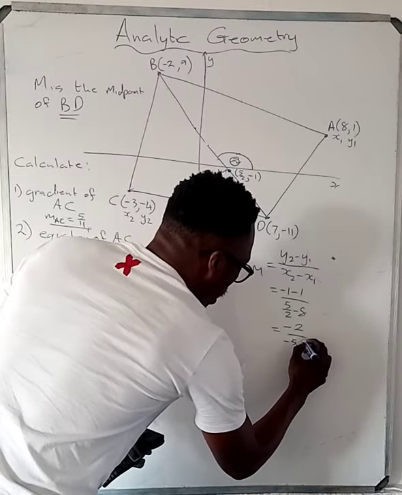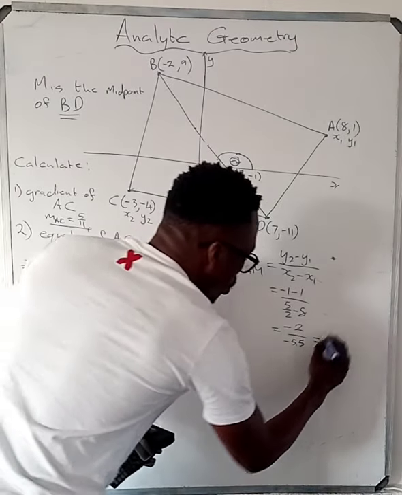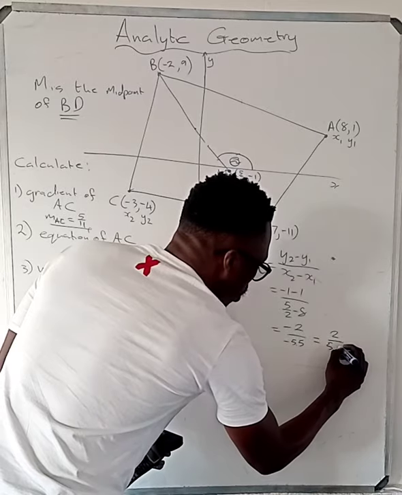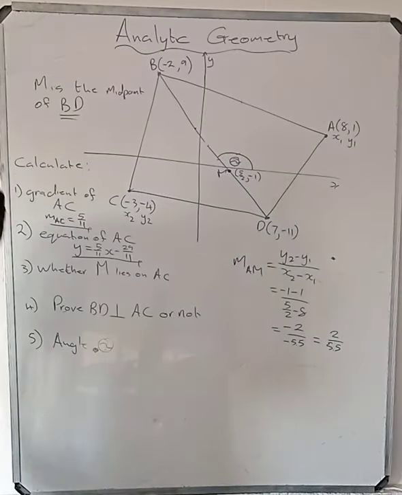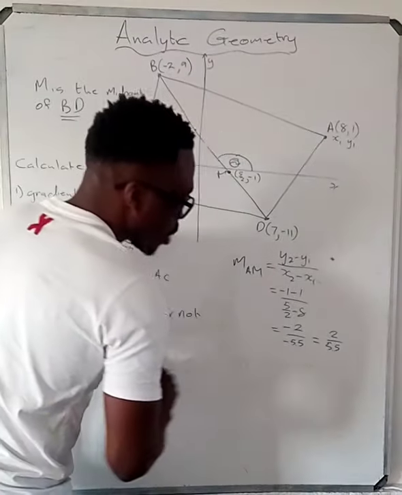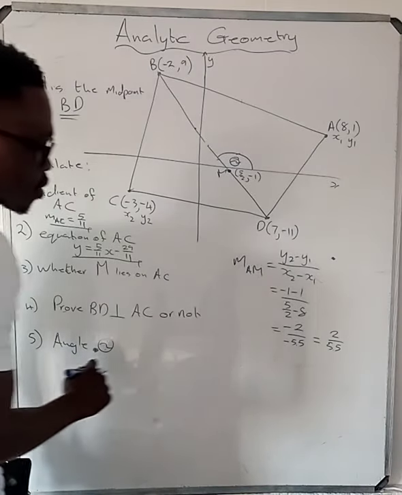That gives negative 2 over negative 11 over 2, which is 2 over 9 over 2.